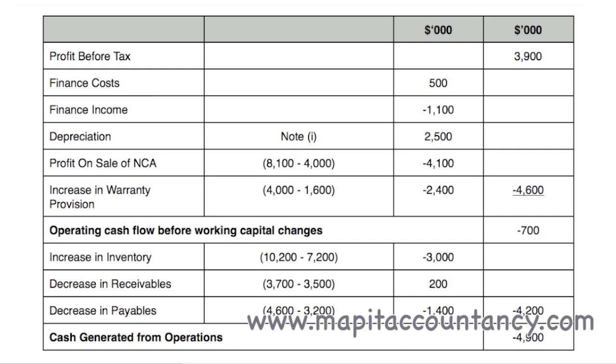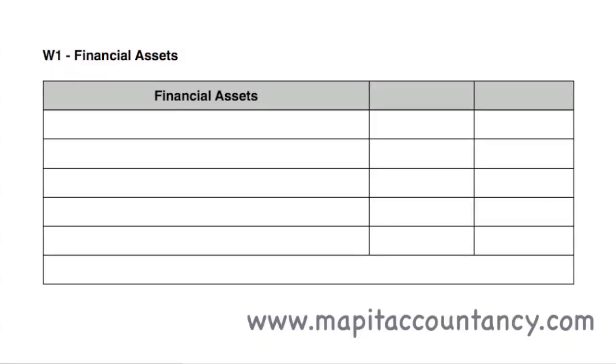Now our key thing is to go down the statement of financial position, and for each item that we come to, we'll do a working. Once we've done all the workings, we'll bring it all together in the rest of our cash flow statement. Looking down our statement of financial position, we first of all see property, plant and equipment, but we've already dealt with the movement on that in our reconciliation.